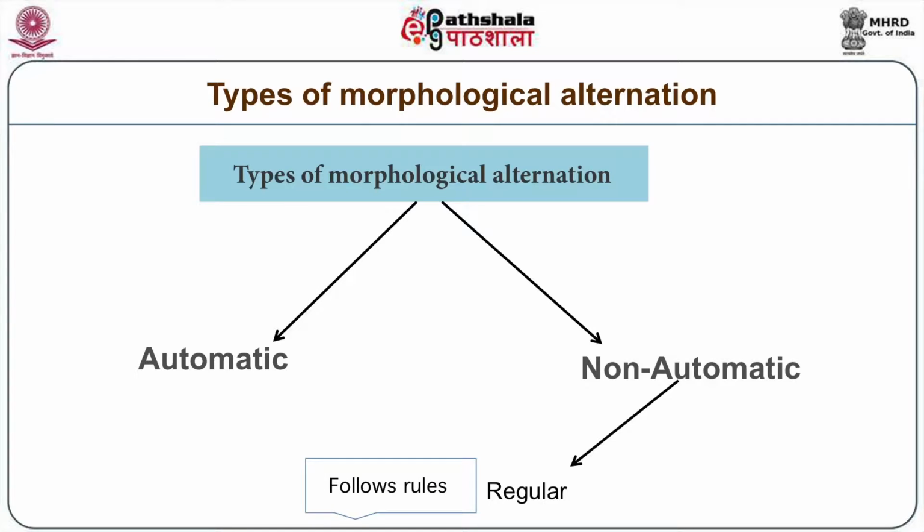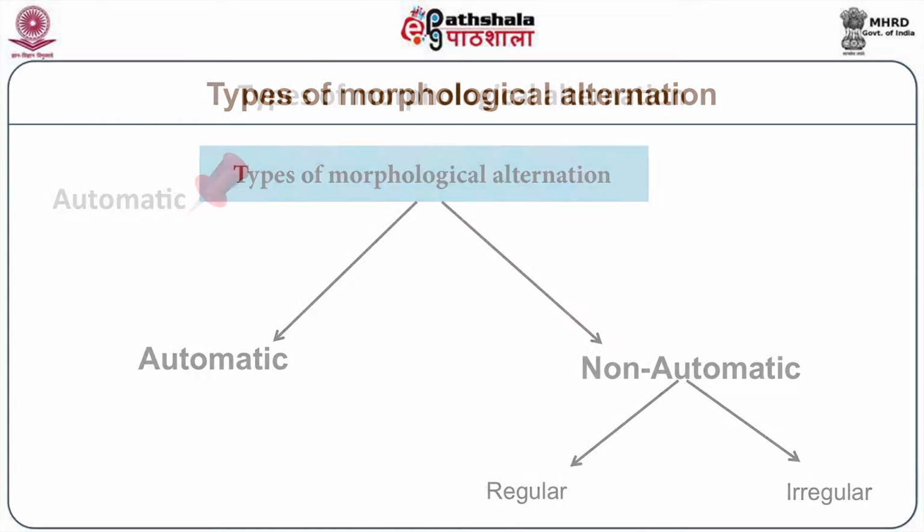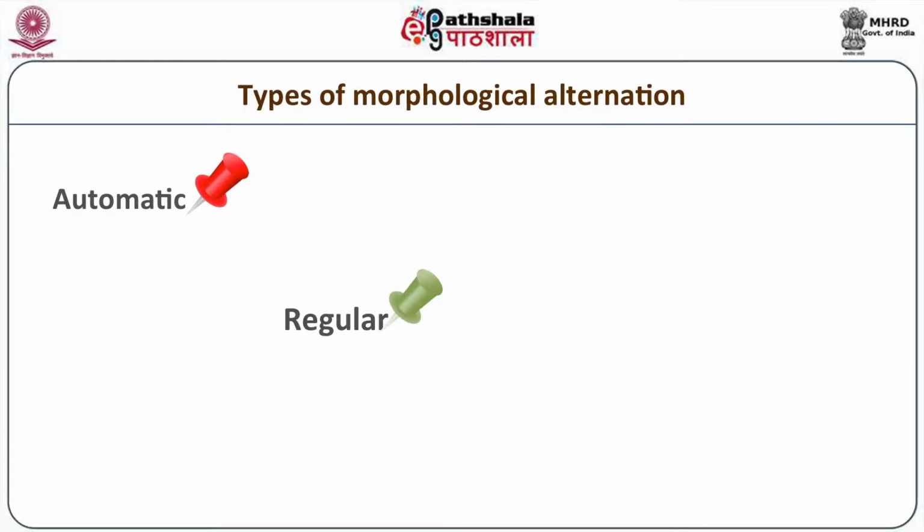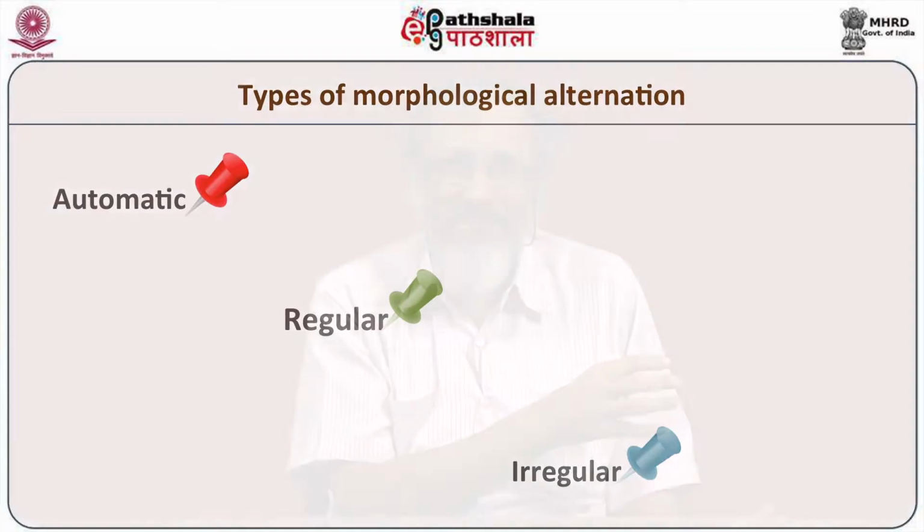Those follow some rule, that is why they're called regular. They follow the rule perfectly. And then there are the final types, the third class. They are called irregular non-automatic alternations. So you've got 3 types of alternation: automatic, regular, irregular.